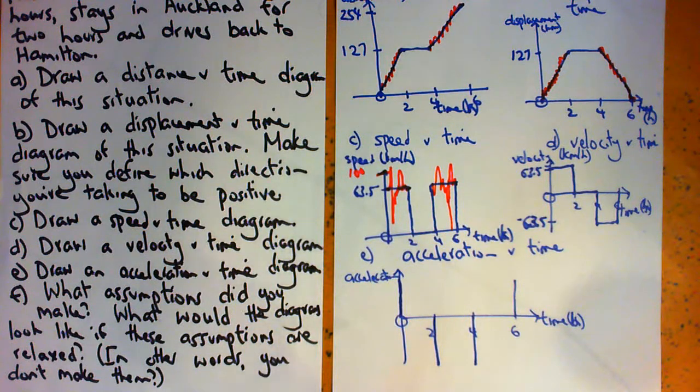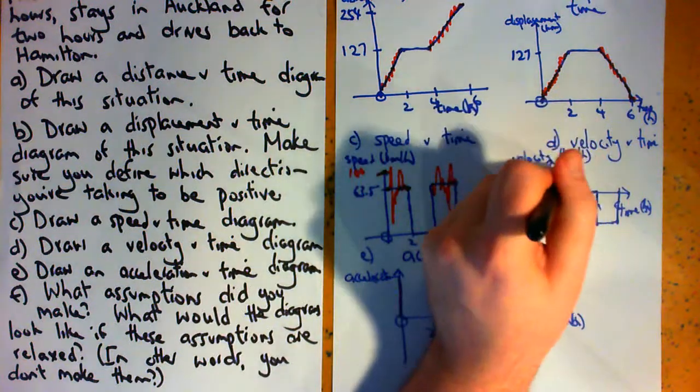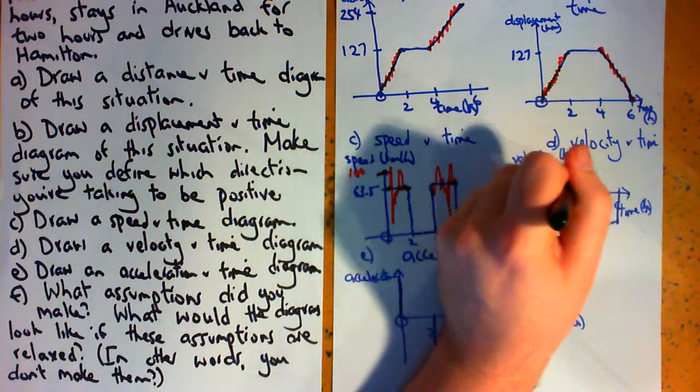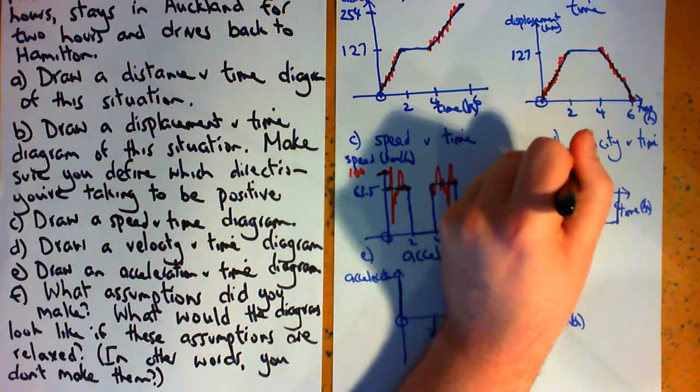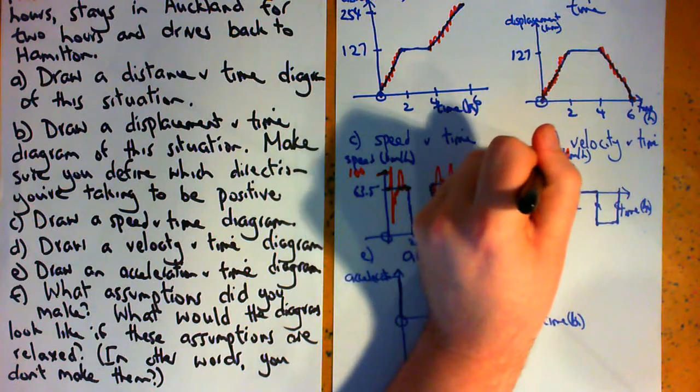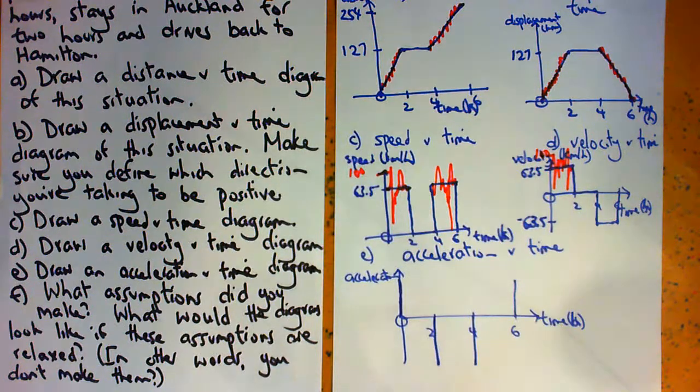And the same is true for the velocity versus time diagram. This is not going to be a horizontal line anymore. This is going to be variable. So it could have a maximum velocity of 100, assuming that this person likes to obey the speed limit.